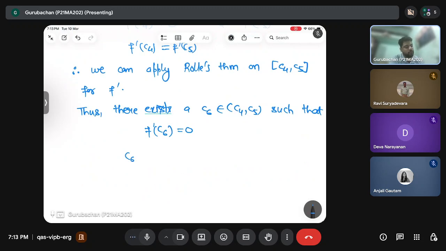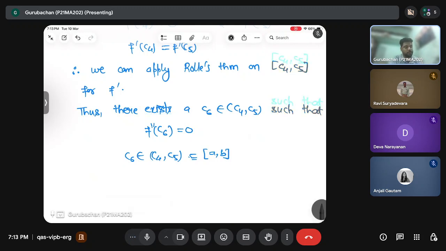And if you observe, c6 lies between c4 and c5, which is a subset of (a, b). So you have shown that f double dash has at least one zero in (a, b). Is it clear?